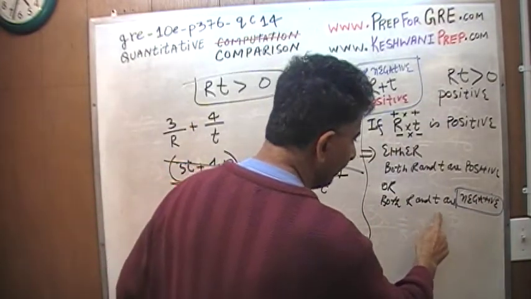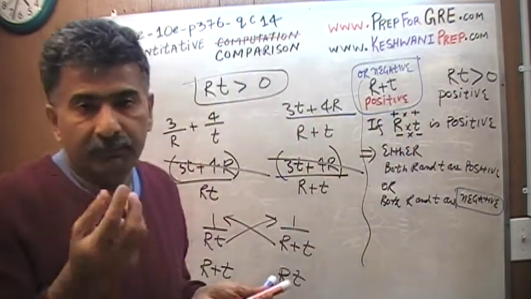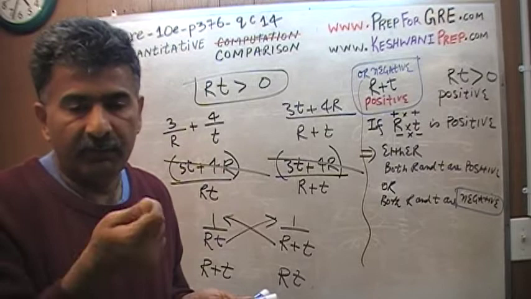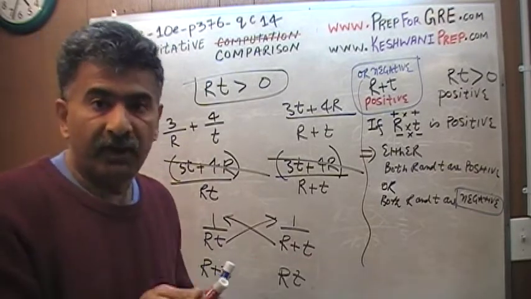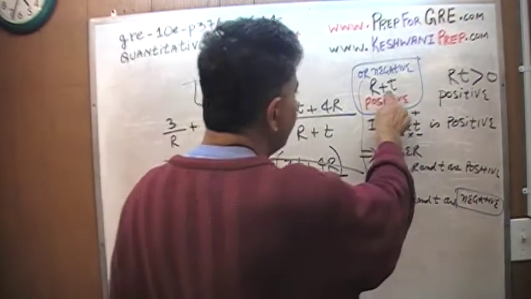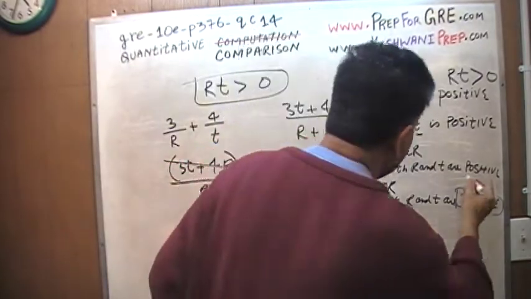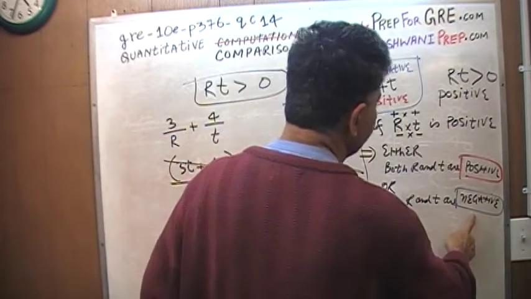Because if both r and t are negative, their sum would have to be negative. If r is negative and t is negative, when you add them up, you get a negative number. If r is positive and t is positive, when you add them up, you get a positive number. So their sum is either positive or negative.